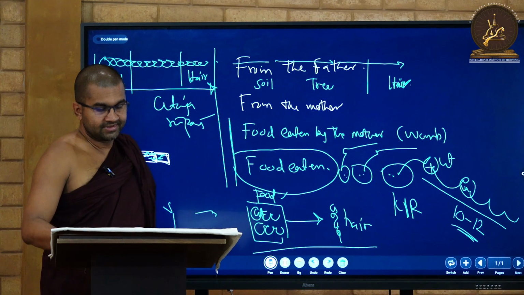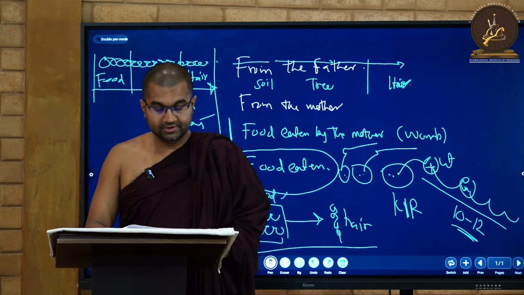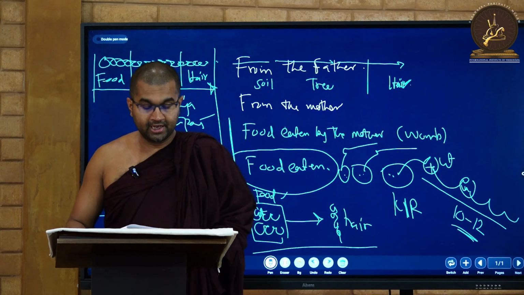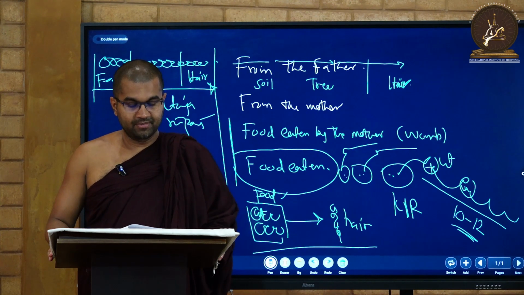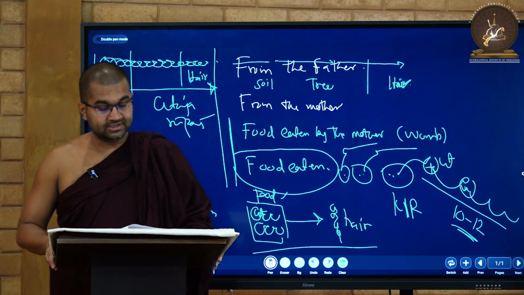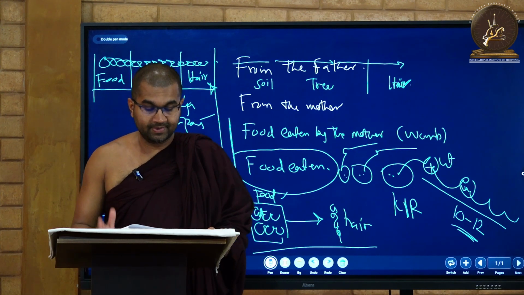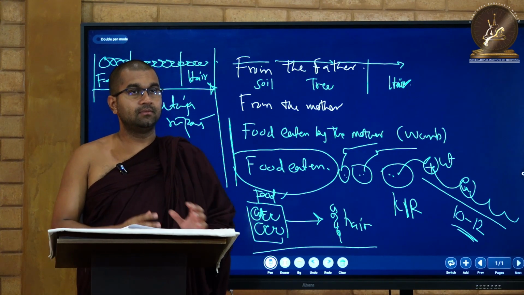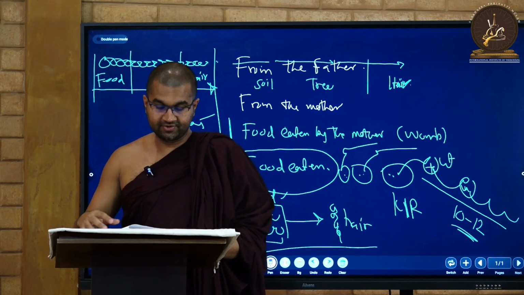So yeah, we shall read the paragraph 469. During the embryonic stage, a group of Utuja-rupas is transferred from the bodies of the parents to the fetus. Some rupas are transferred from the parents' bodies to the fetus.